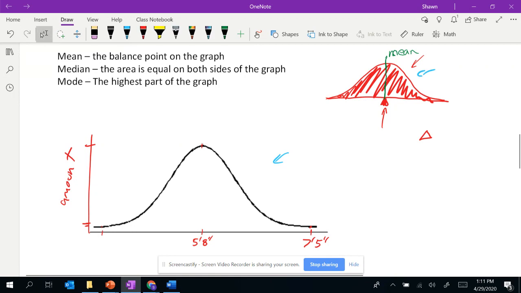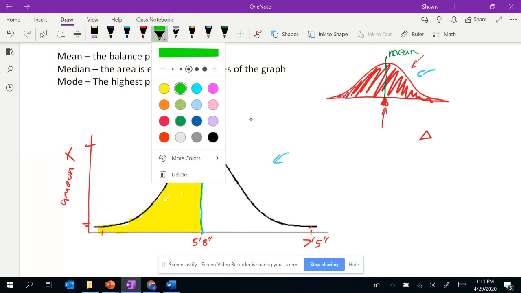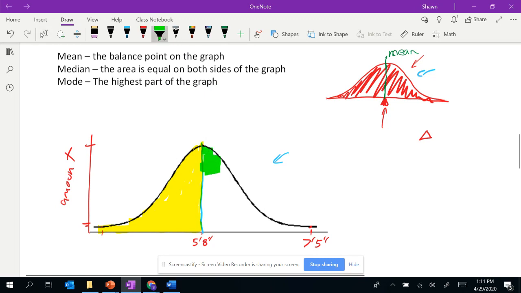And if I cut it right here, and then I fill in this area, this area that I filled in is probably equal to this area right here that I'm filling in. So these two areas are equal. Since the amount of green is equal to the amount of red, that would be considered the median.